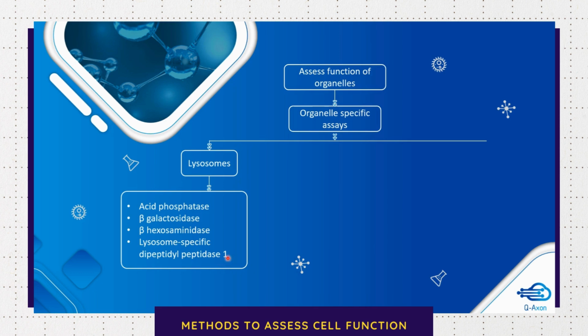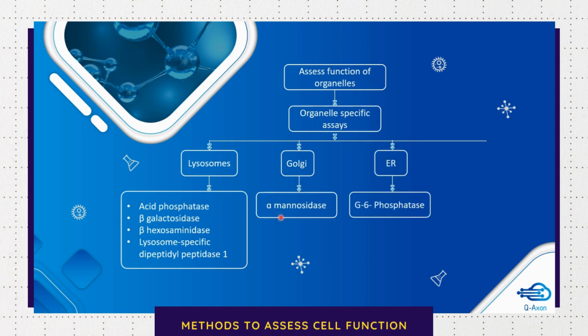So presence of these enzymes can be assessed for the functioning of the lysosomes. For Golgi we use alpha mannosidase, then endoplasmic reticulum, G6 phosphatase, that is glucose 6 phosphatase, and for mitochondria we can assess cytochrome C oxidase.